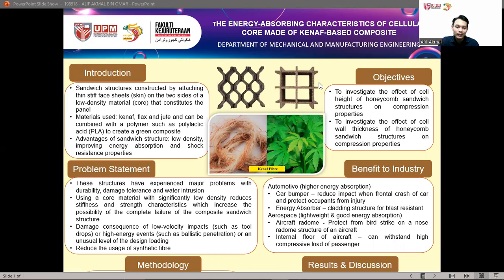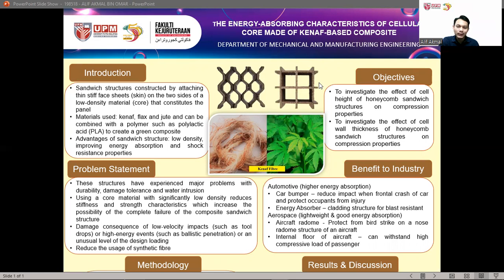That is a very big advantage to the sandwich structure because of the renewable resources that researchers can use to help in their research. Okay, so back to the sandwich structure, there are a lot of advantages of sandwich structure. For example, it has very low density, higher energy absorption, and also shock resistant properties.